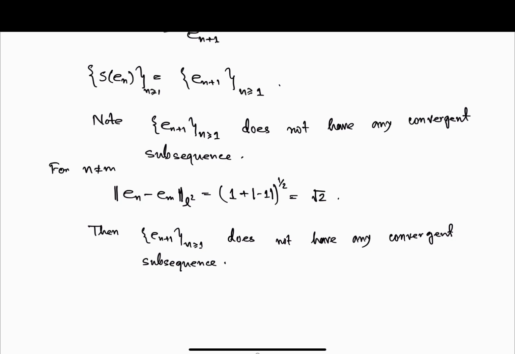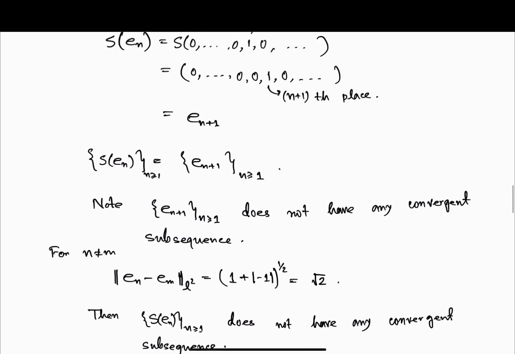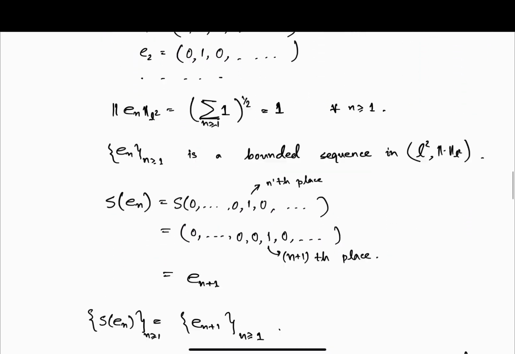But as we have shown, for any different indices it is always root 2, so it can't go to 0. So S of En does not have any convergent subsequence, which implies S is not a compact operator. Okay, so for S it is done.